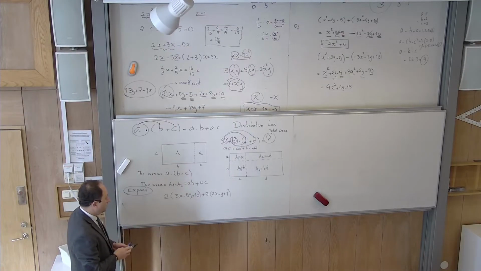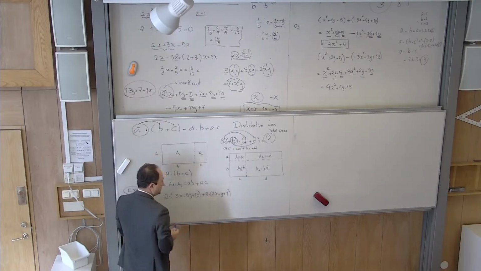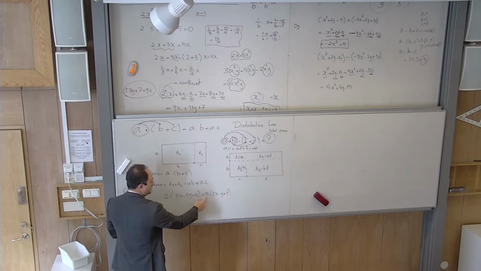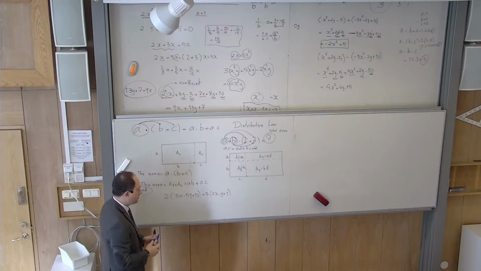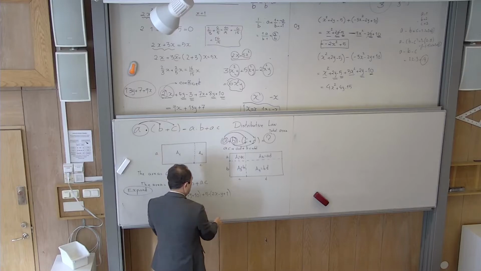Okay, what you need to do, the operation here is multiplication, and this one is addition. But you know that multiplication has priority over addition. So it means that you have to do this one first, this one second, and then add them.